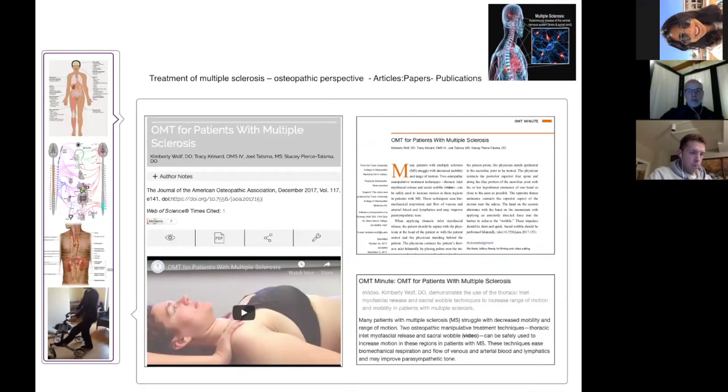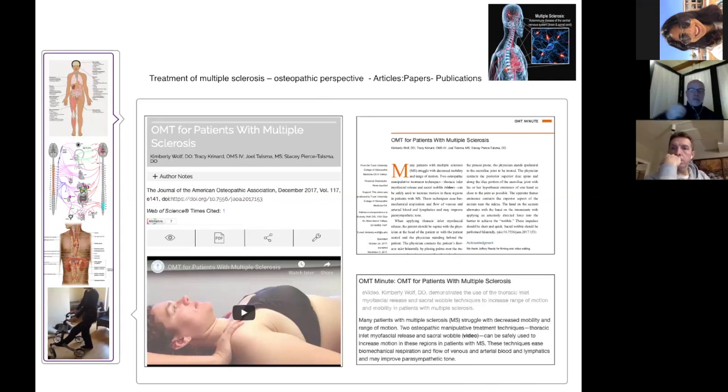And then, of course, we have this one, not too recent, where a group of osteopaths from America, GOA, were involved with developing a particular protocol which involved the thoracic inlet, myofascial release, and the sacral dynamics to change the potential vagal function or the parasympathetic tone.